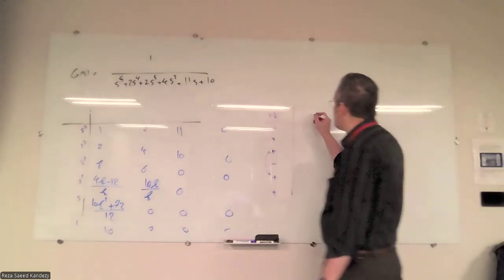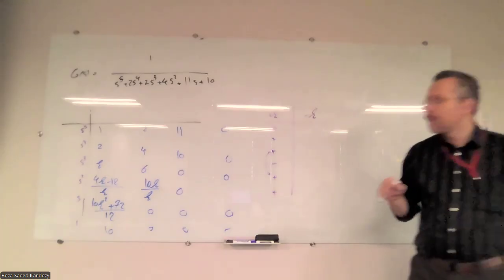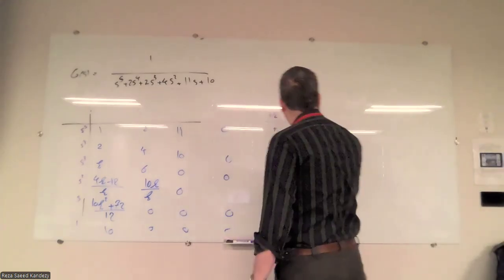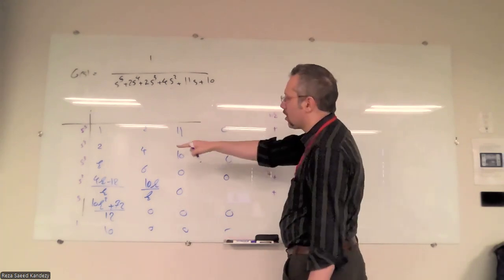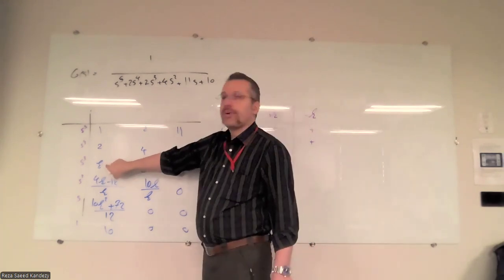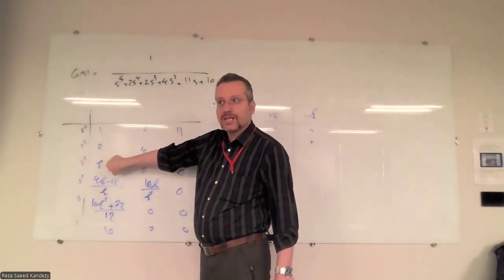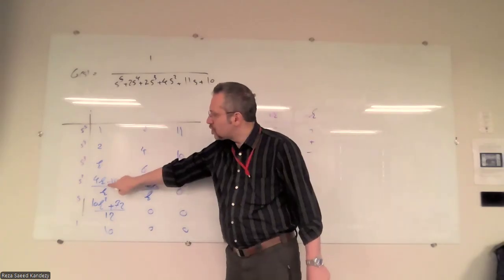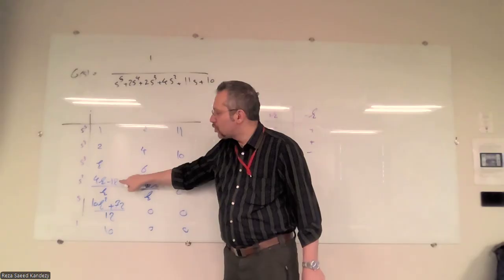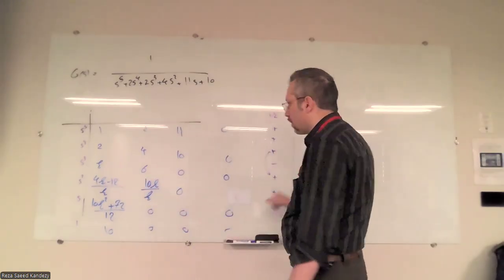Now, if you consider epsilon as a negative infinitesimal number, again, we have positive for the first component, positive for the second component. Now the third component becomes negative because we consider that as a negative tiny number. This one becomes minus 12 over a negative number, so it becomes positive.